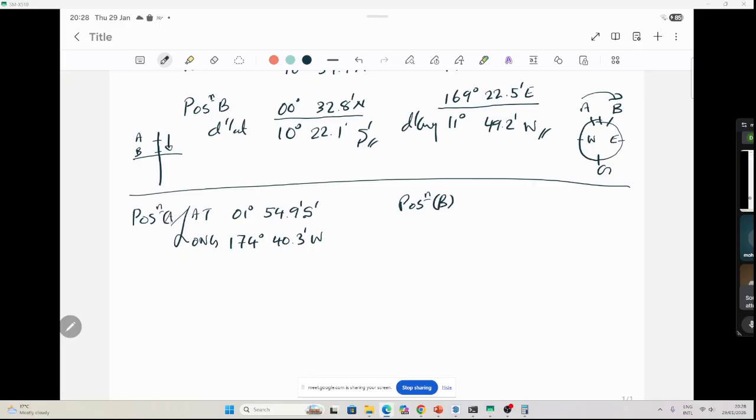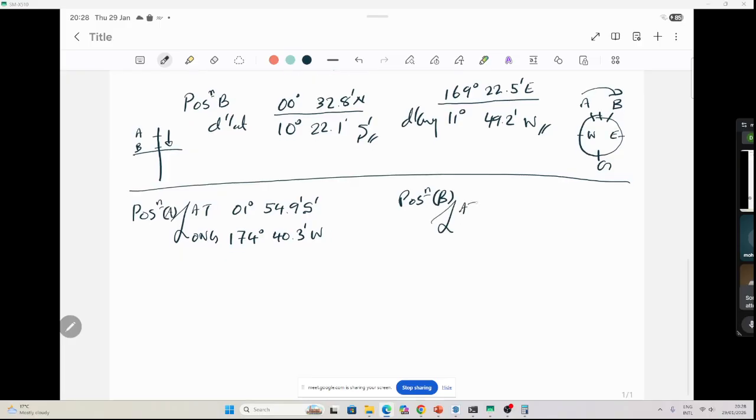Position B, latitude 1 degrees, 33.1 minutes north, longitude 179 degrees, 22.5 minutes east. Okay, let's double check. 1 degrees, 54.9 minutes south, 174 degrees, 40.3 minutes west. 1 degrees, 33.1 minutes north, and 179 degrees, 22.5 minutes east. Yes. Okay, so let's do the sum.